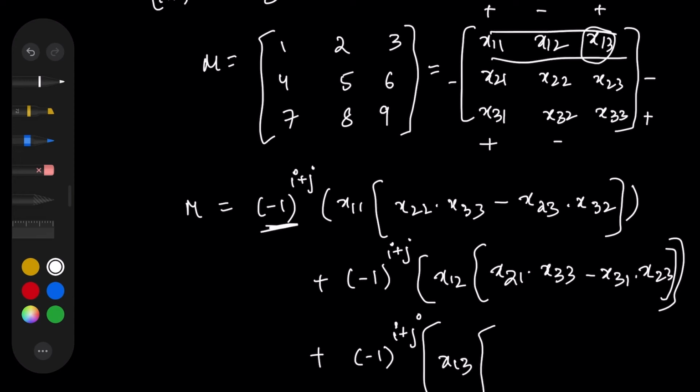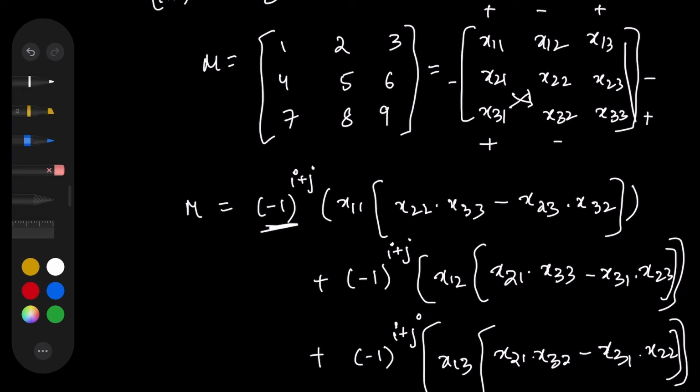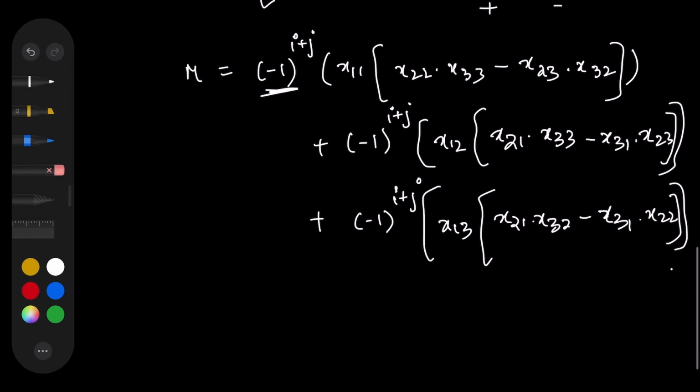So you'll have to ignore this row and ignore this column, and the leftover matrix will give you the cofactor matrix. So that is equal to x21 into x32 minus x31 into x22. So solving this will give me the determinant of the matrix, right?